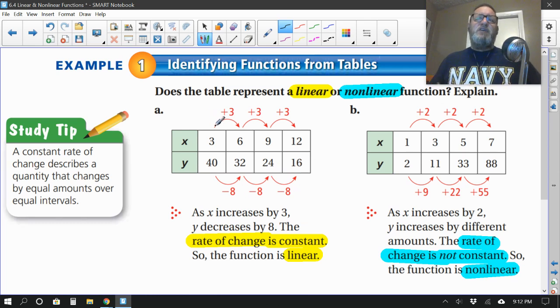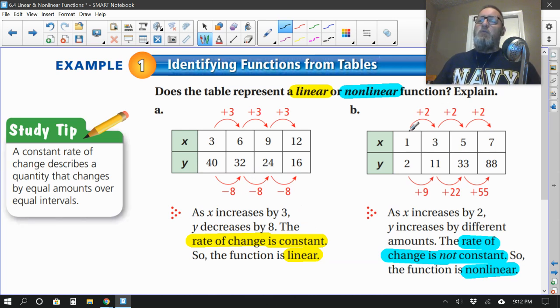So as long as your X's have a consistent rate of change and the Y's have their own consistent rate of change, doesn't matter if it's plus or minus, as long as it's consistent, then you do have a constant rate of change. And then the function's considered linear. If we made a graph out of this, you'd get a straight line.